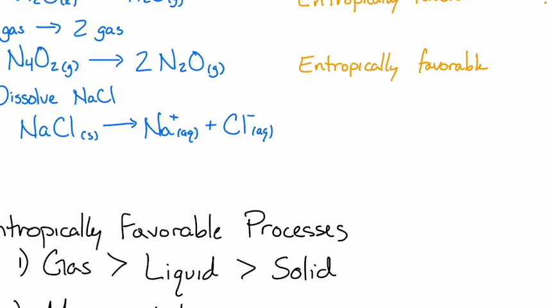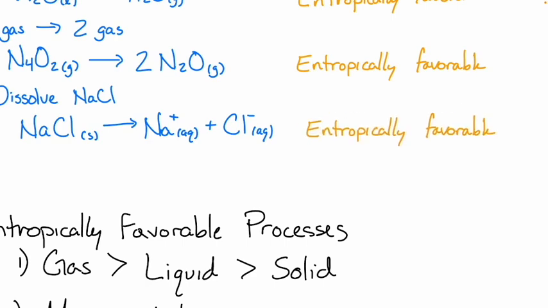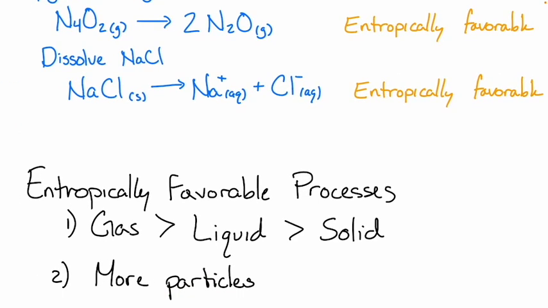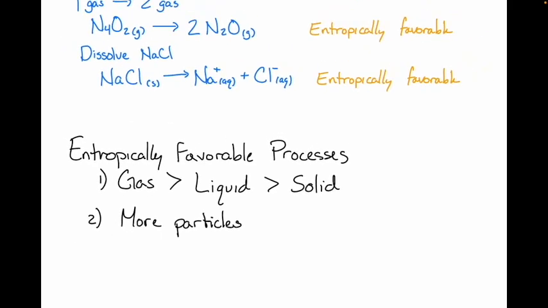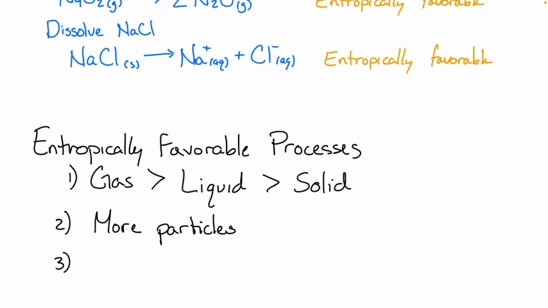Disorder. So this is also entropically favorable. All right, so creating a solution. Although we're going to put a little asterisk next to this one because it turns out it's a little more subtly complicated than we're going to treat it right now.